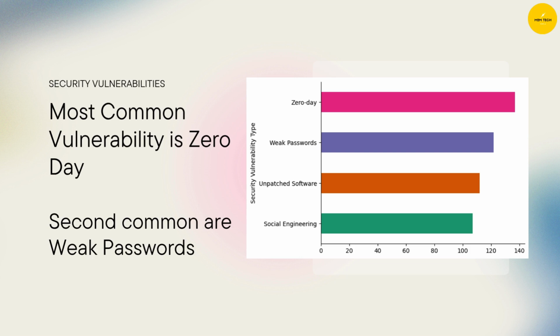And the second most common are weak passwords, which I chalk up to human error, because it's easy for us to forget our passwords or write them down somewhere so we don't lose it. The easier the password, the easier it is for us to remember, especially when we have to change them frequently based on policy.